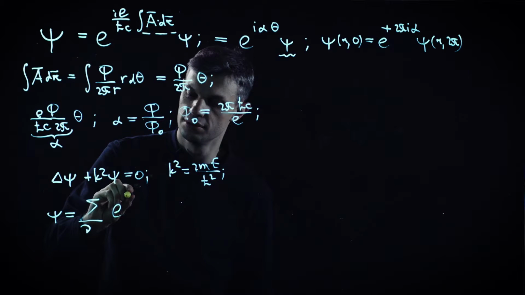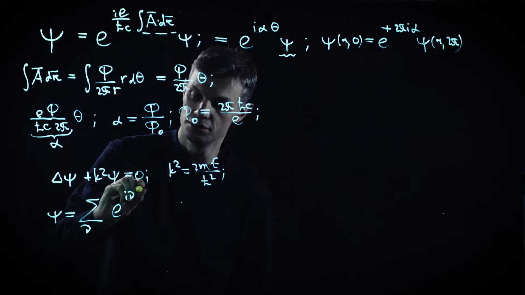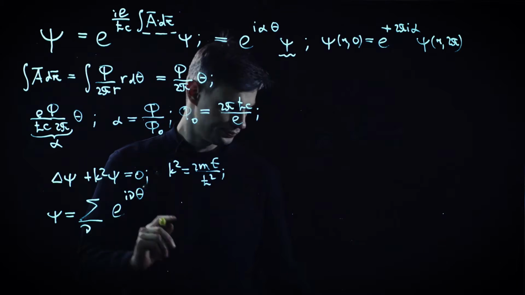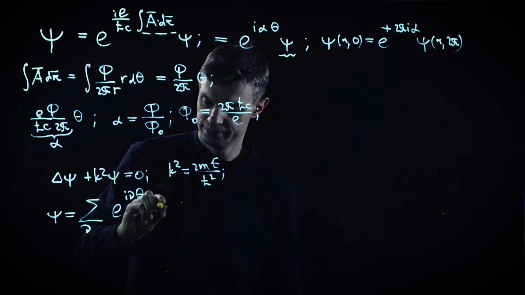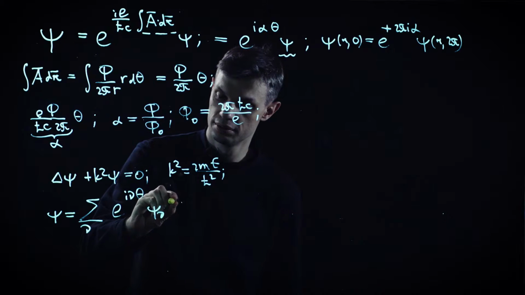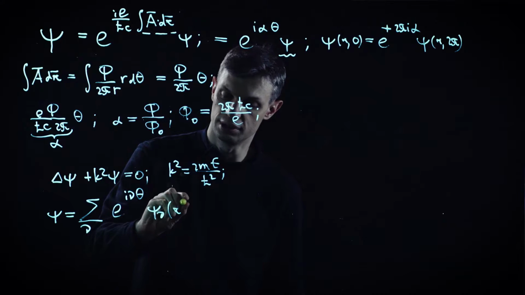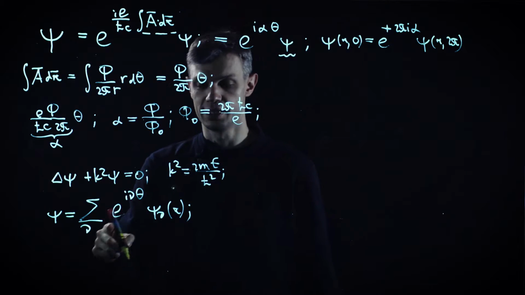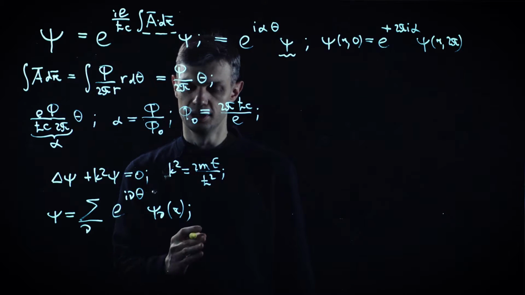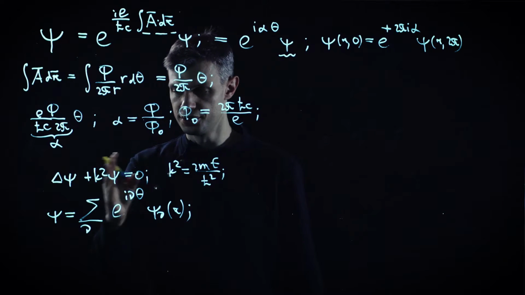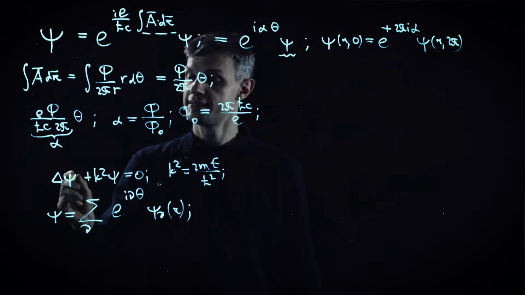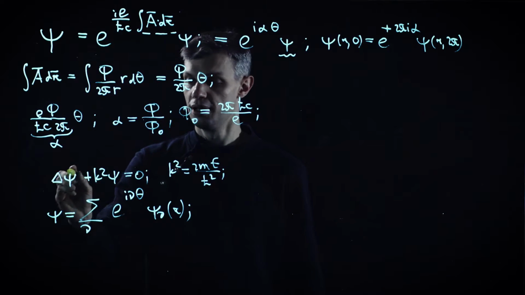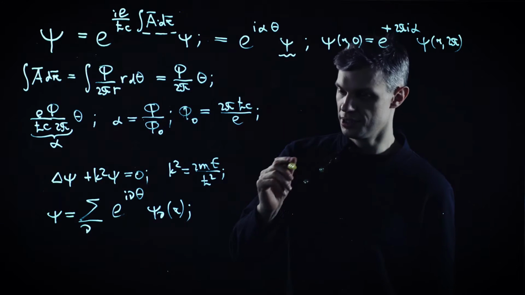So it's e to the i nu theta times psi nu of r, where nu is some full set of specially chosen parameters. Now let's recall the representation for the Laplacian in polar coordinates.